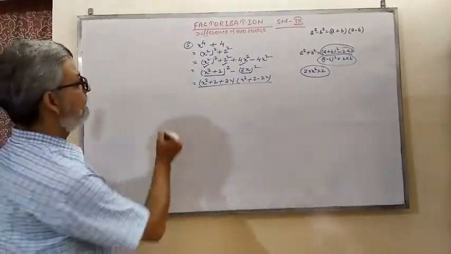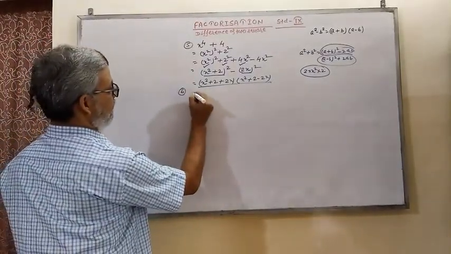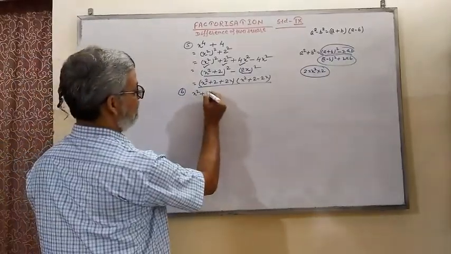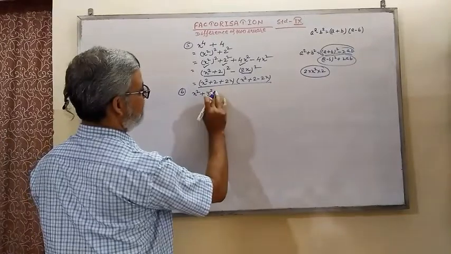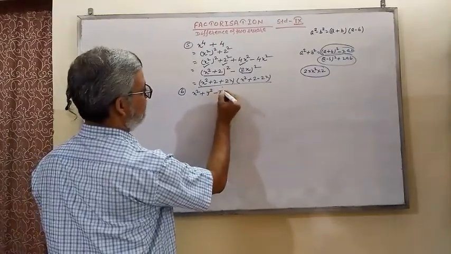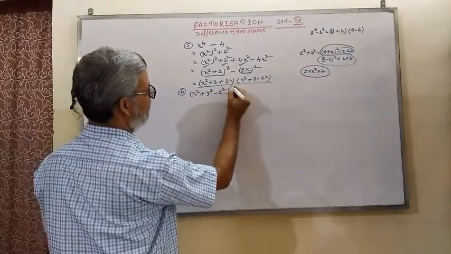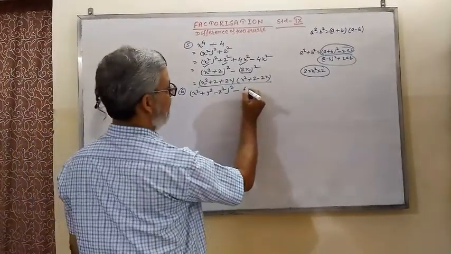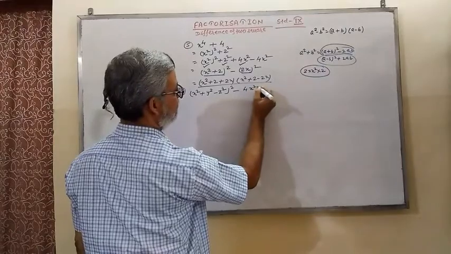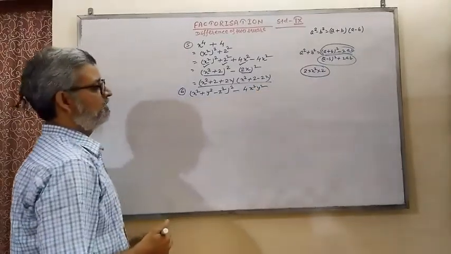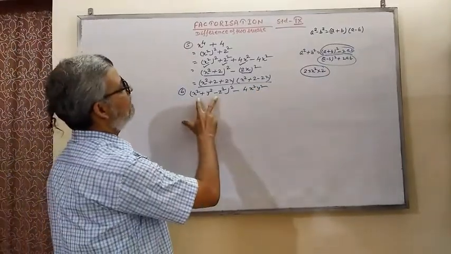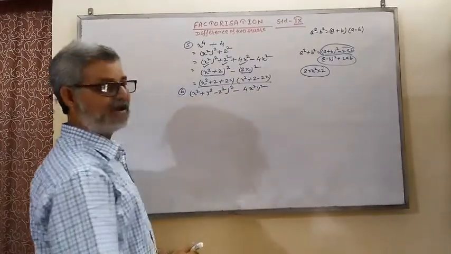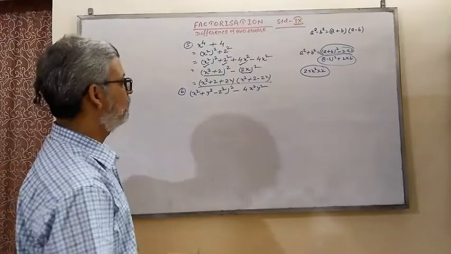Next question is (x square plus y square minus z square) whole square minus 4x square y square. Now you see this question. This is directly a square minus, and 4x square y square can be written as (2xy) whole square.